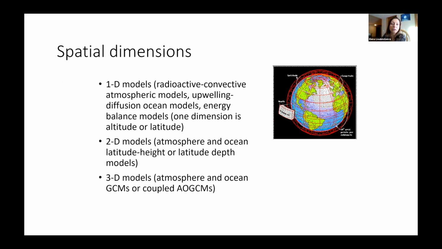That's why they're sometimes called AOGCMs, atmosphere-ocean general circulation models. Again, models can be very complicated or relatively simple.